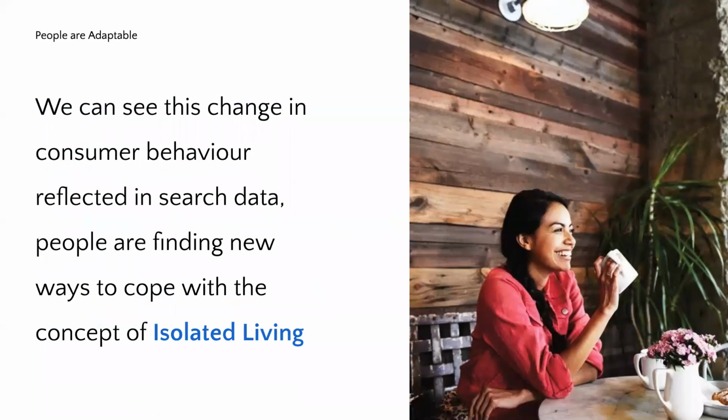From digging into this data, as you can imagine, there's quite a significant chunk of data. I spend a lot of my day digging through numbers and queries and categories and trying to understand what's behind the intent of these consumer searches. And the biggest thing that you can see is, people are adaptable.